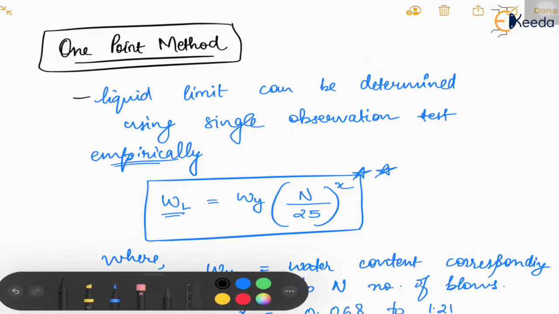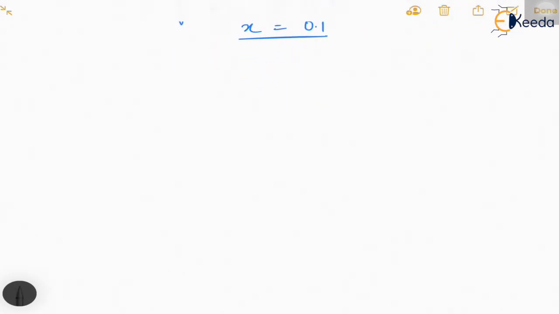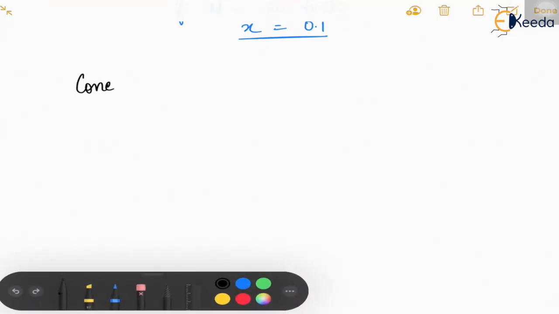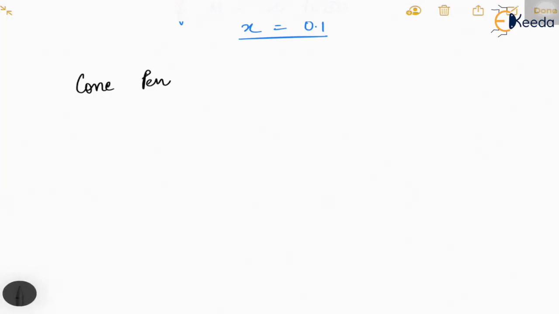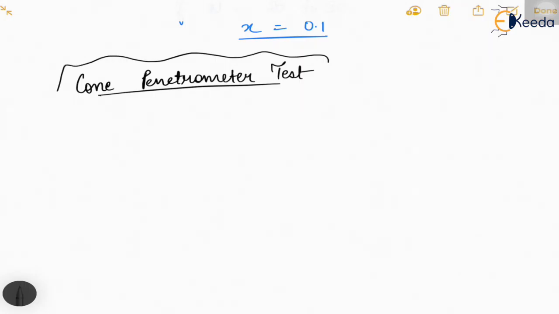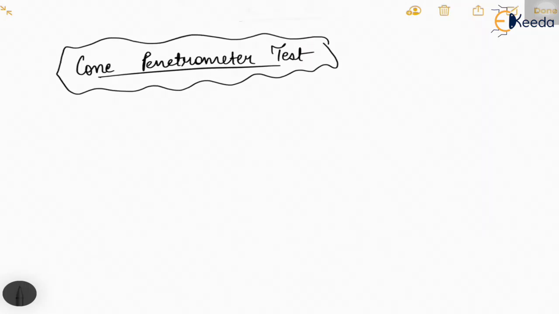So that's all for the Casagrande method. Let us quickly take a look at the second method for determining the liquid limit, which is the cone penetrometer test.